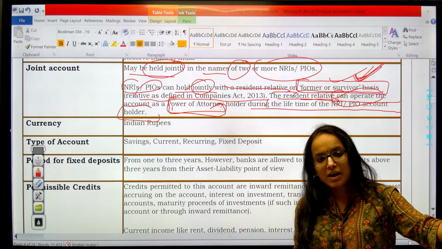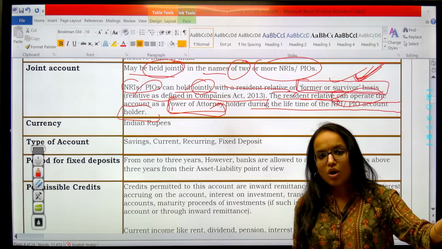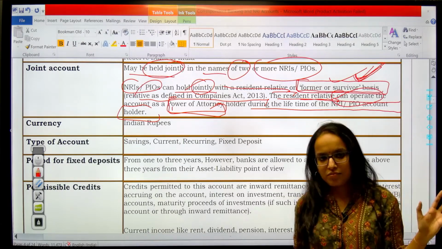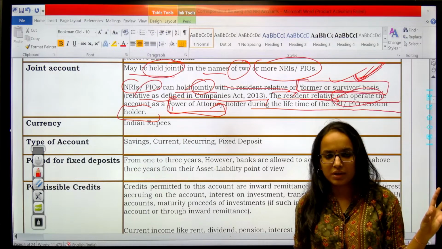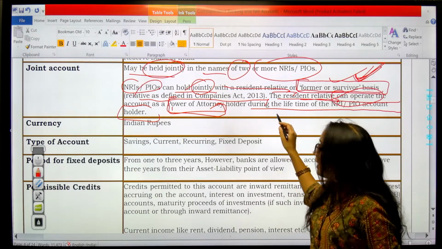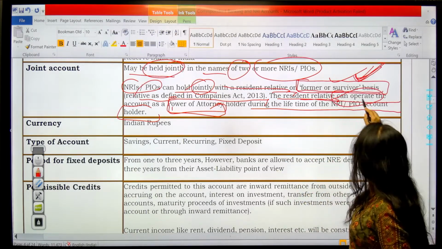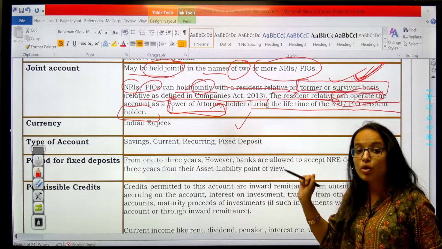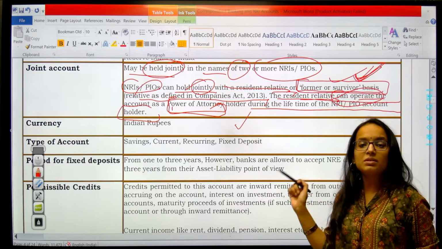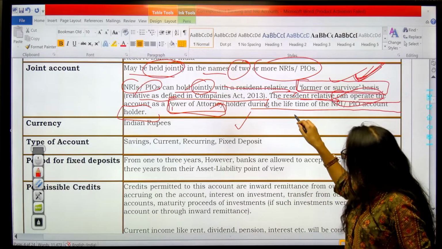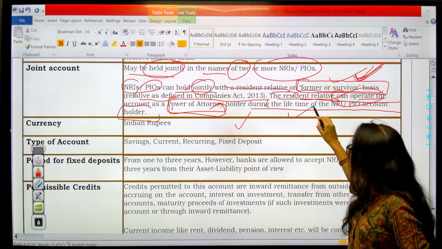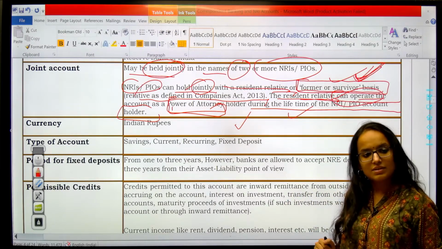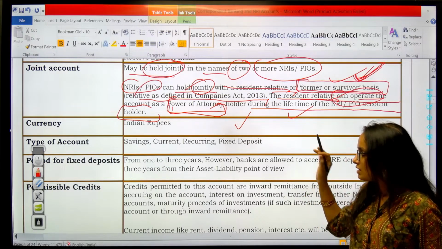You have given the power to someone to represent you or to operate something on your behalf. So that relative can operate that account as a power of attorney holder, not as a joint account holder. This is the difference you should remember when the original account holder is alive. Is this clear?